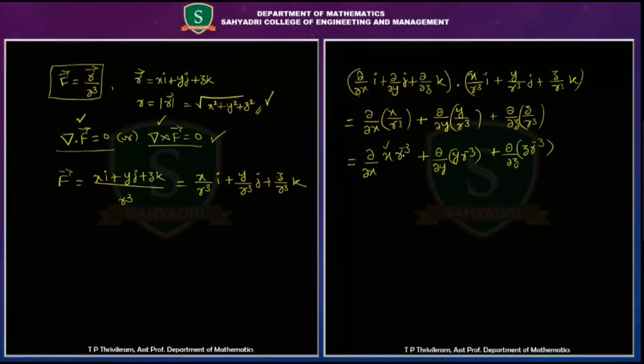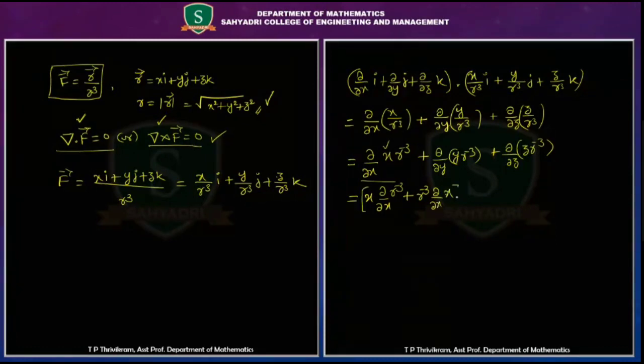So when both are functions of x, we have to apply the product rule between these two. First I will apply this: x into dou by dou x of r power minus 3 plus r power minus 3 dou by dou x of x.